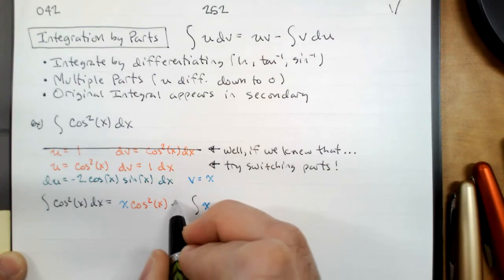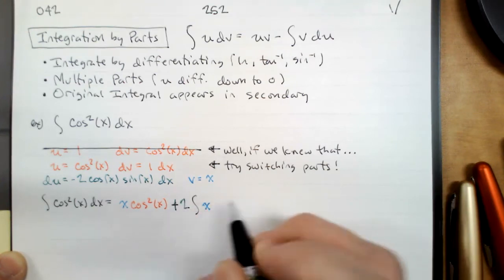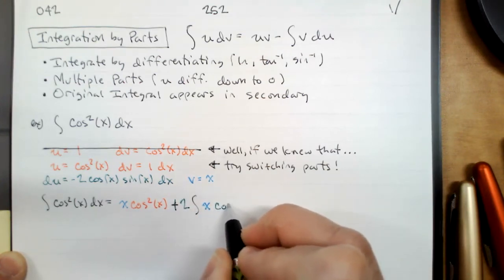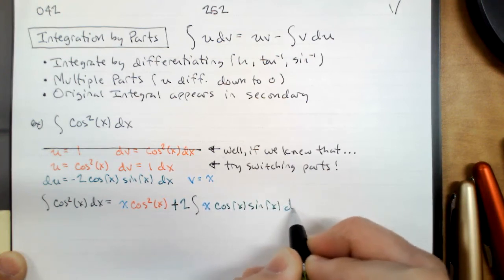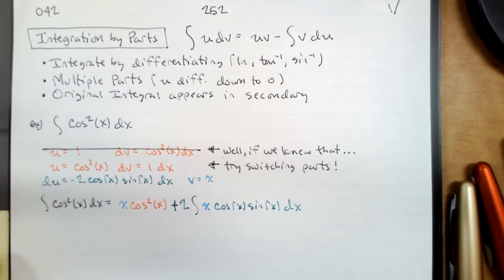So it's minus 2, so I'm going to put a plus 2 on the outside. So I don't like where this has headed. I've got a mixture of x and cosines and sines. So this seems like things became worse.